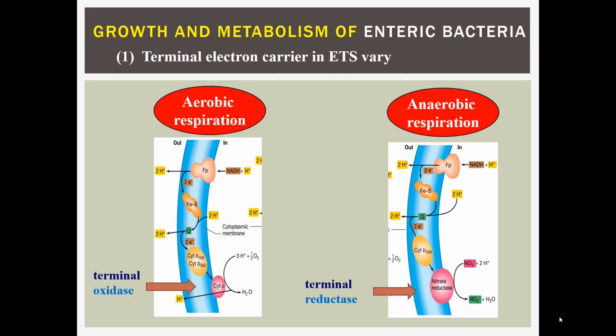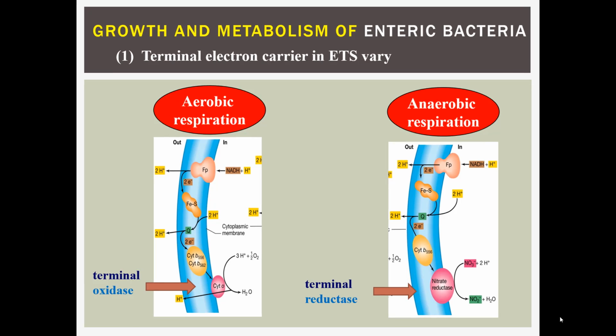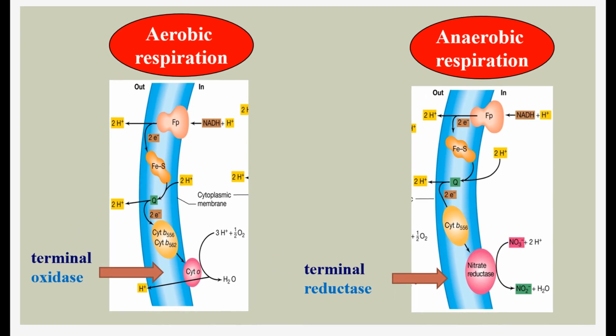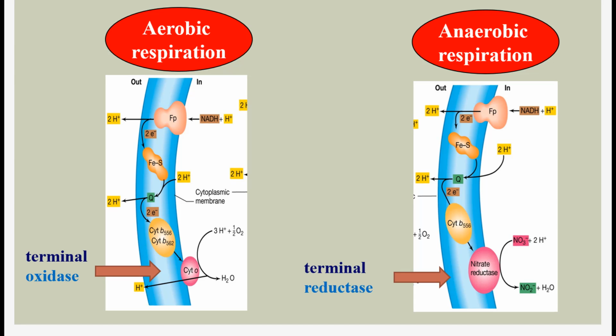So let's talk about the growth and metabolism of enteric bacteria. Enteric bacteria have a very interesting growth and metabolism. First, the composition of the electron carriers in the electron transport system of these enteric bacteria varies depending on the electron acceptor available.